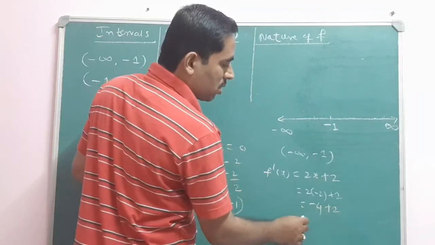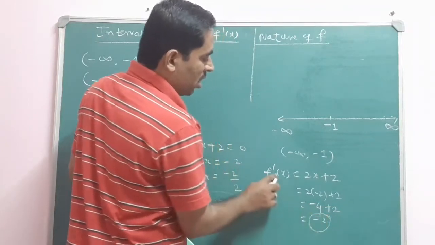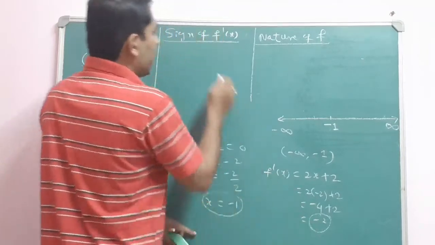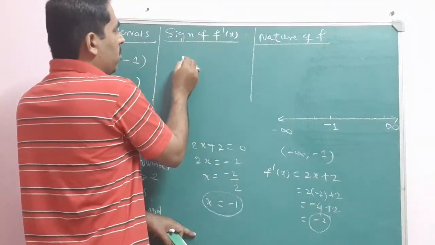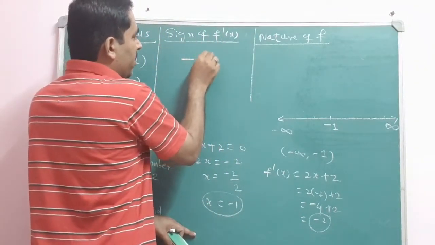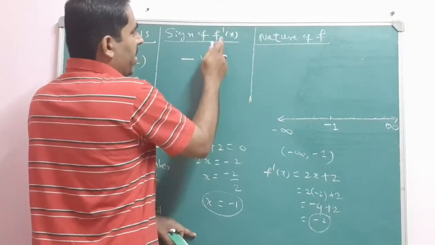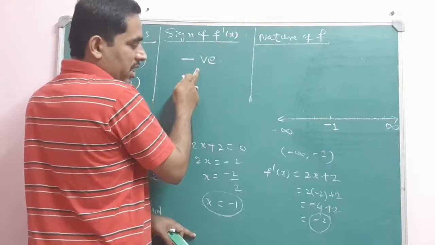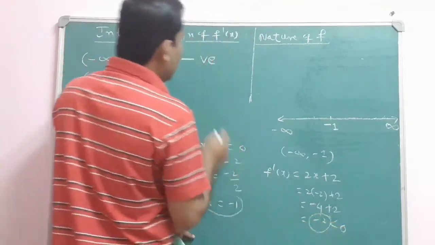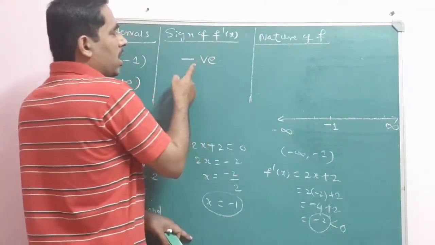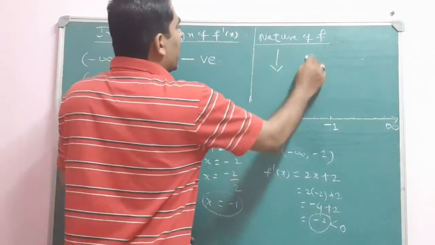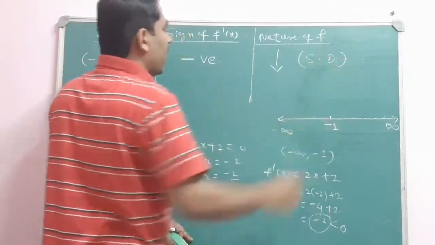Minus 4 plus 2, and here the sign is negative. So f dash x is negative, that is, f dash x is less than 0. So the sign of the derivative is negative, and then the function will be decreasing, strictly decreasing.